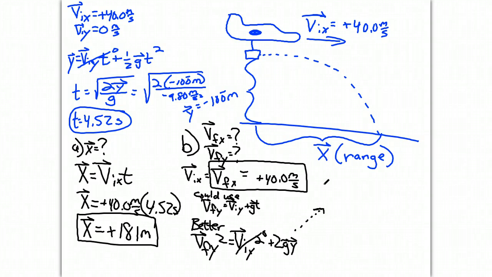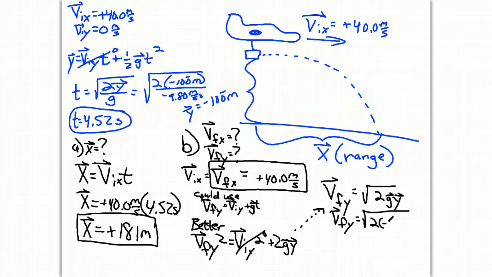Okay, let's rewrite it up here. I'm going to solve for VFY, the square root of 2gy, plug my values in. I'm running out of room, so I'm not going to write the units. And my VFY, for now, I'm going to write it as 44.1.